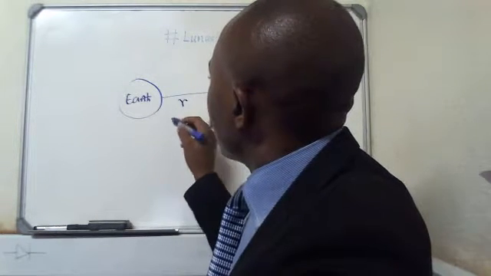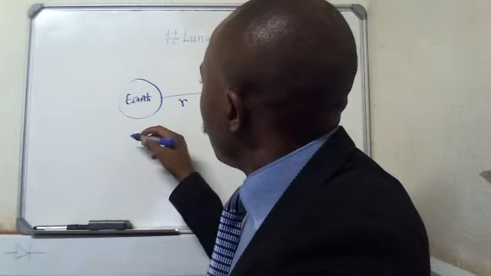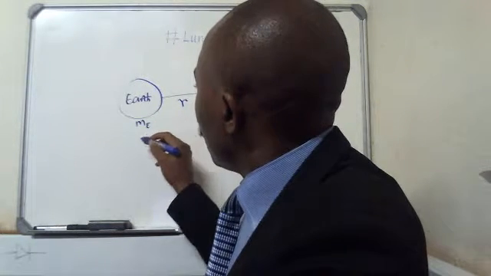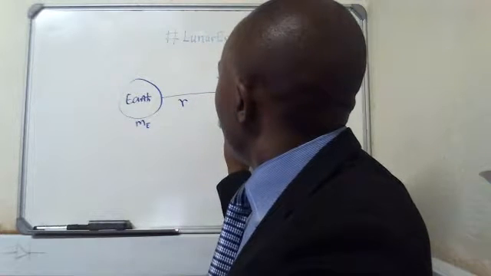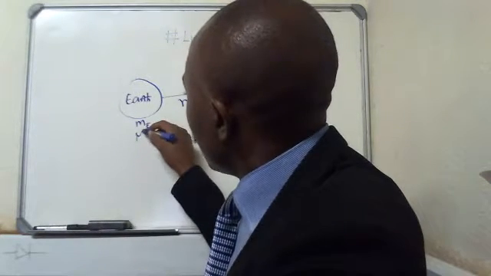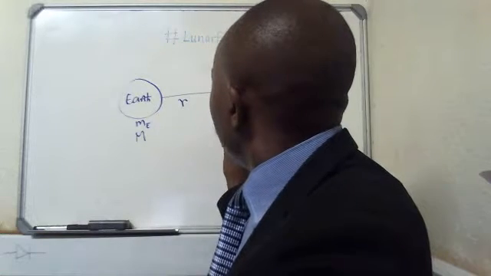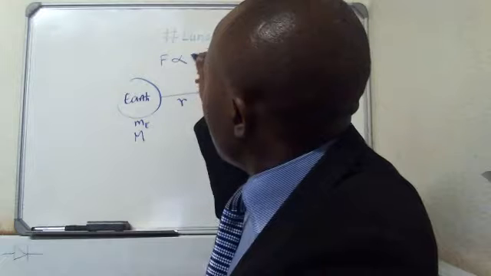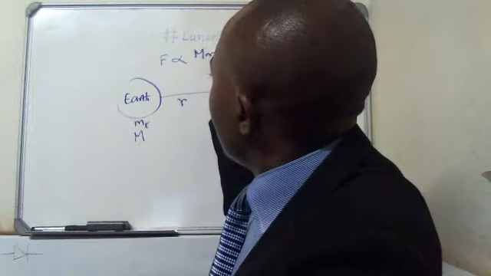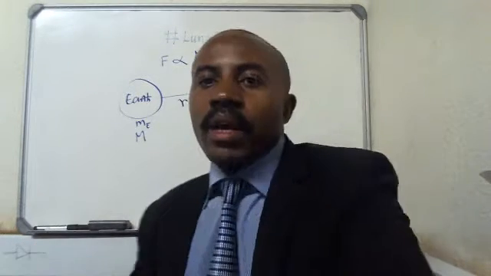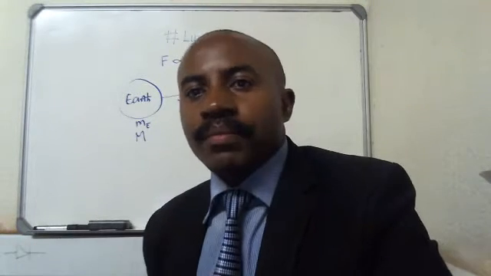If you talk of the distance being r, and the mass of the Earth being capital M, and the mass of the Moon being small m, the force I'm talking about is proportional to the product of the masses and inversely proportional to the square of the distance between them.